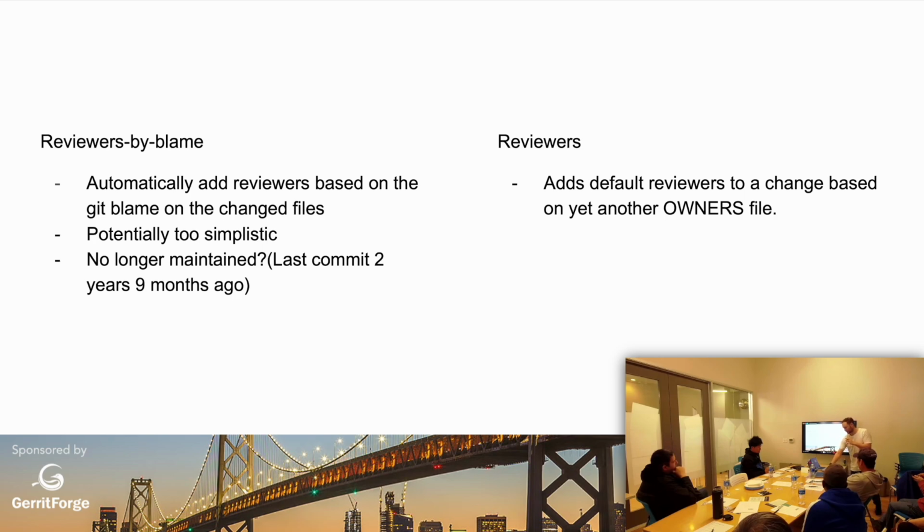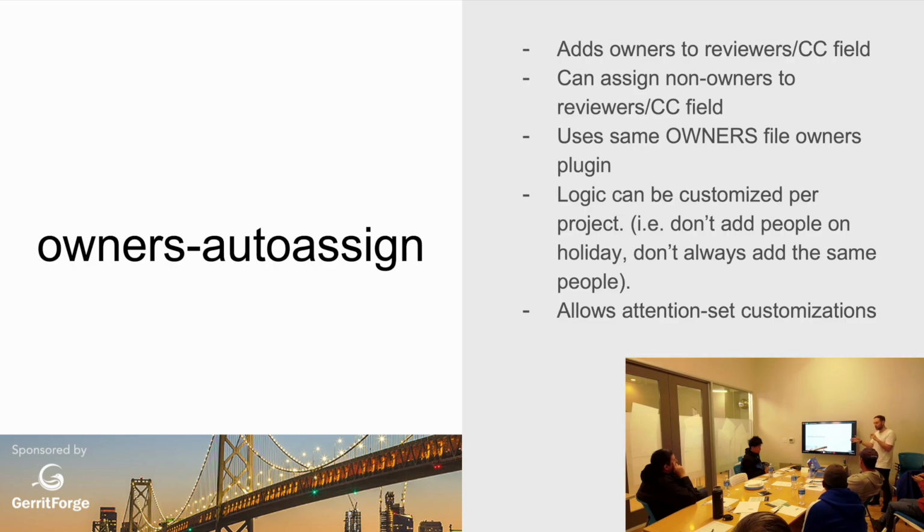And then there's the owners auto assign. It is actually a separate plugin from the owners, but it does live in the same repo. It allows you to add reviewers or CC. So it doesn't necessarily add to reviewers. You can configure it so that you just add to the CC field if that's what you want.